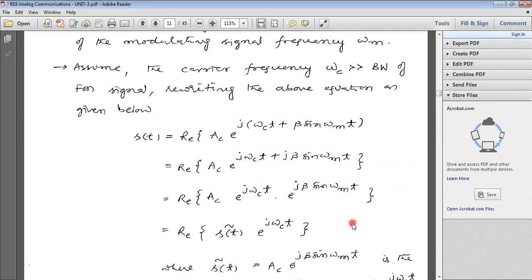If we rewrite the above expression, s of t is considered as real part of Ac into e power j omega ct plus beta sin omega mt.